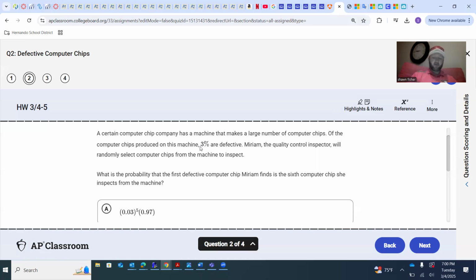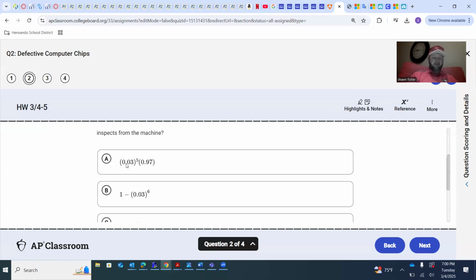So I'm really looking for 5 of them that are not defective. I'm looking for 97% 5 times, and the sixth one is 3%. That's what I'm looking for. So this one here says the first 5 are defective, one of them is good, right?